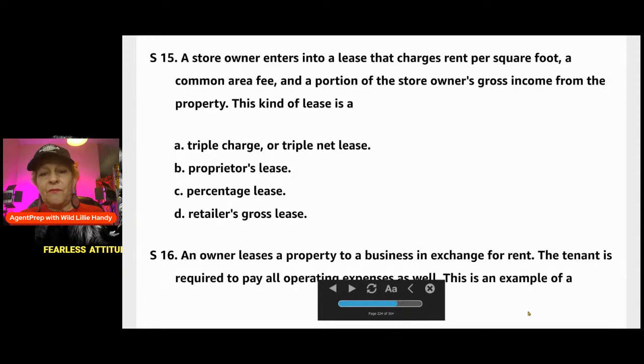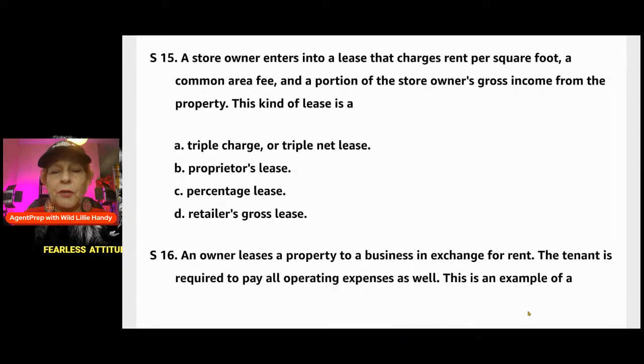All right, number 15. A store owner enters into a lease that charges rent per square foot, a common area fee, and a portion of the store owner's gross income from the property. This kind of lease is A, a triple charge or triple net lease, B, a proprietor's lease, C, a percentage lease, or D, a retailer's gross lease.